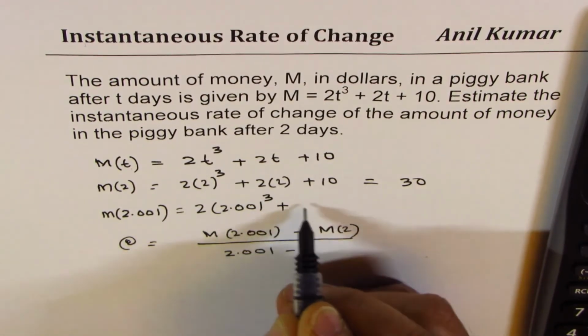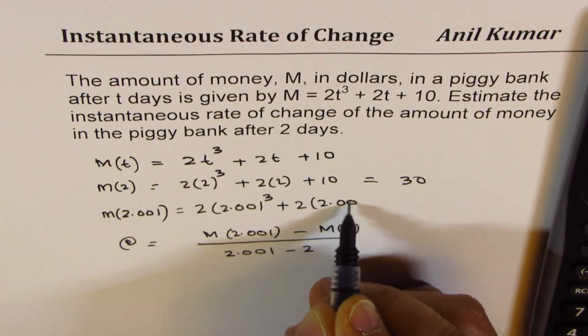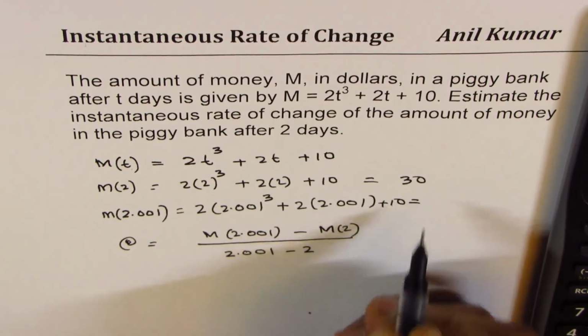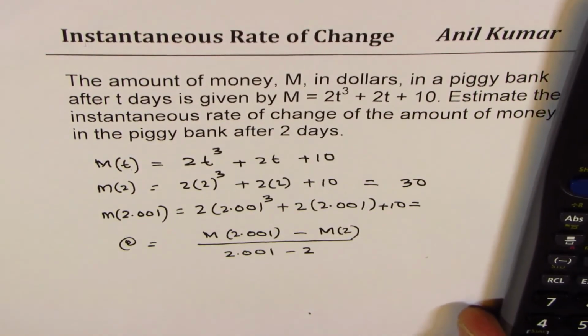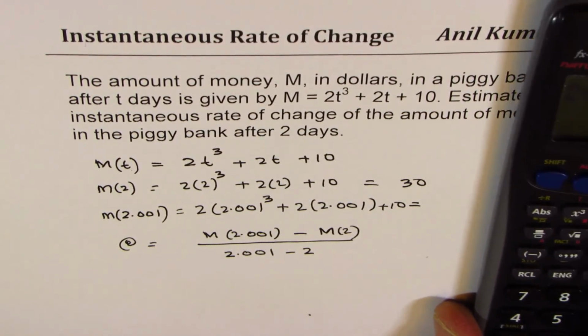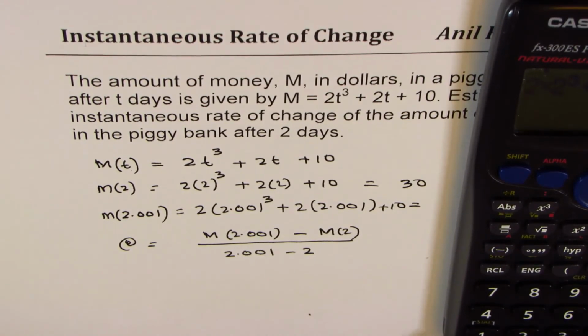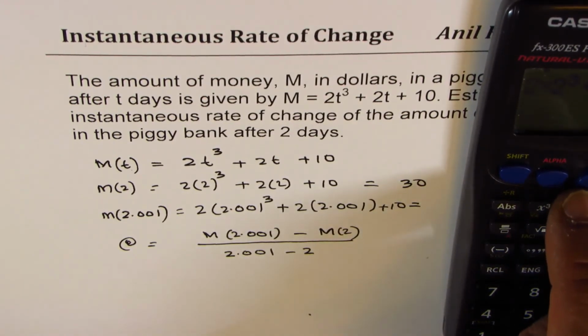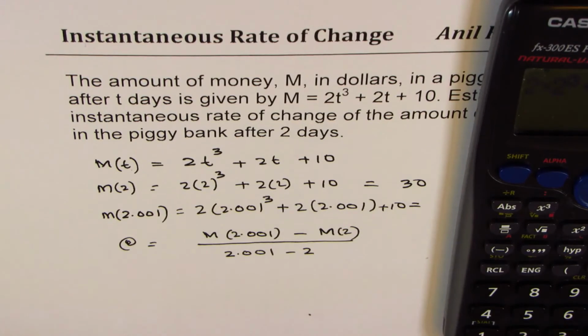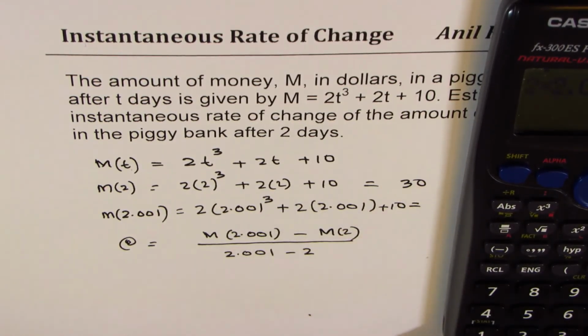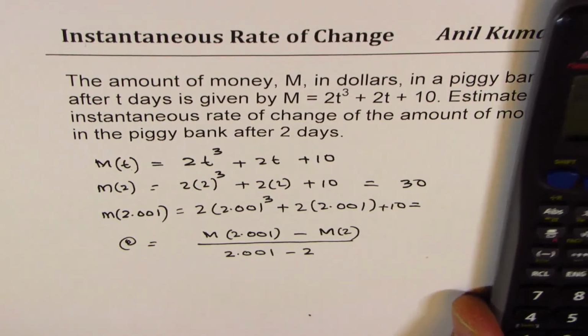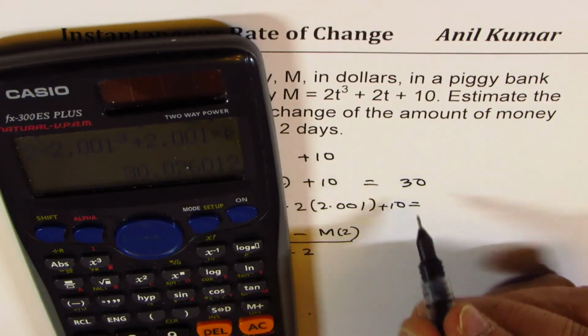So it becomes 2 times 2.001 cubed plus 2 times 2.001 plus 10. This is a point very close to the original point. For the tangent, we need 2 points very, very close. That's the concept. Then calculate, and it becomes 30.026.